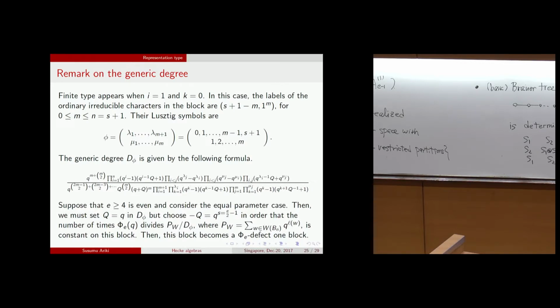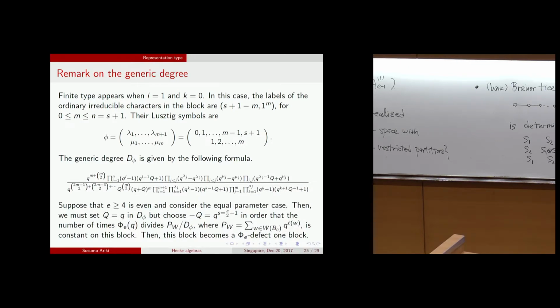And also, the first case he considered was that q is only a prime power, and then he shows that in that case, this number of times the cyclotomic polynomial phi_e(q) divides this is constant on the block.